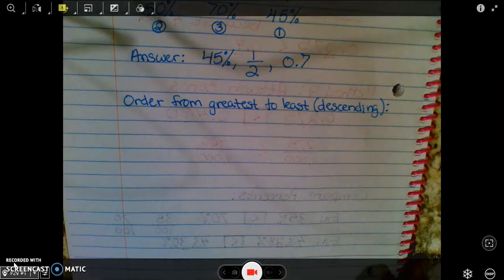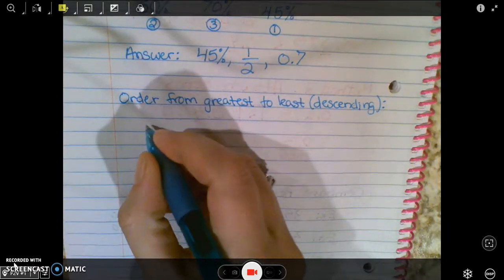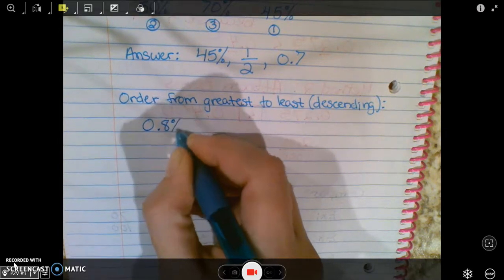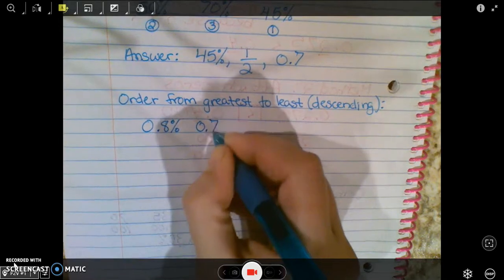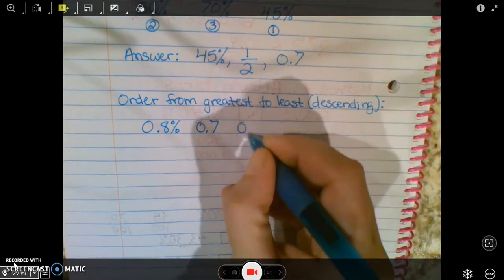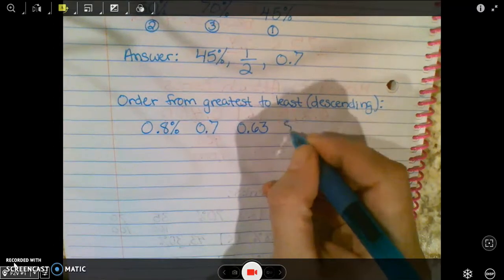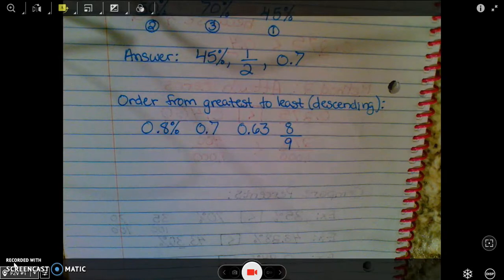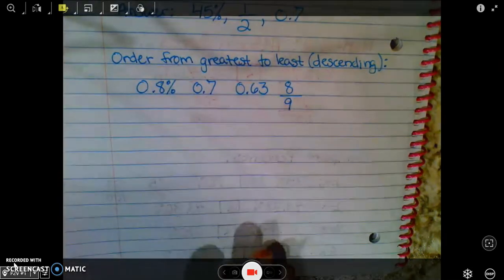This time I will give you 4 values because you can be asked to order up to 4 values. The first one is 0.8%. Then I will have 0.7, 0.63, and a fraction here of 8/9. Just like in the first example, I want to make sure they're all in the same form.